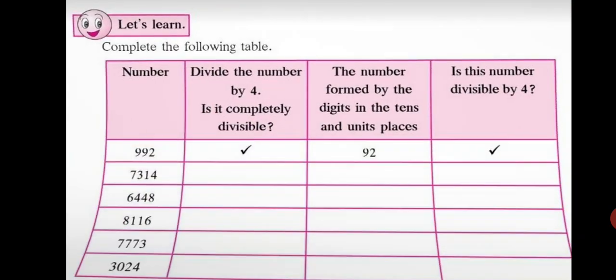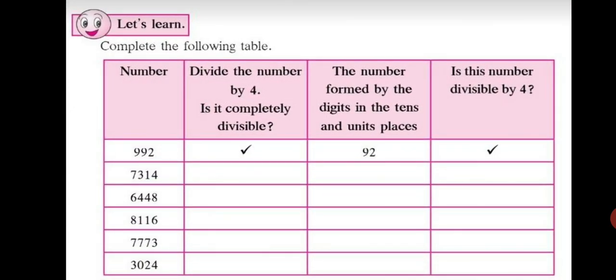Let's have a look. Complete the following table. Now a number is given. You have to divide the number by 4. Is it completely divisible? So 992, you divide by 4 in rough and see it is divisible. Then put a tick mark. Yes.